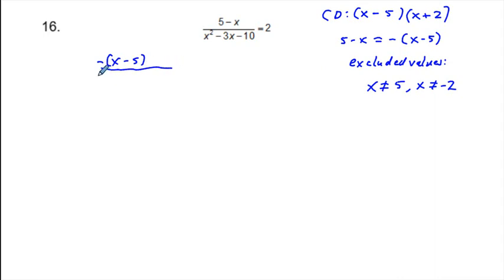I'm going to rewrite this as denominator is quantity x minus 5, x plus 2, and multiply by our common denominator of x minus 5, x plus 2, and on the right side that's going to be equal to 2 times x minus 5, x plus 2, and so we're going to be able to cancel out everything here.